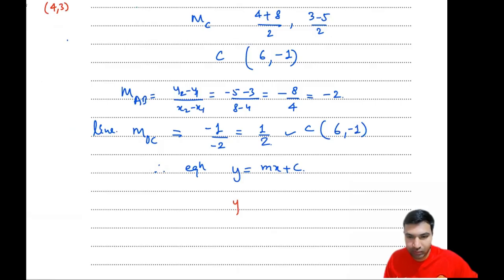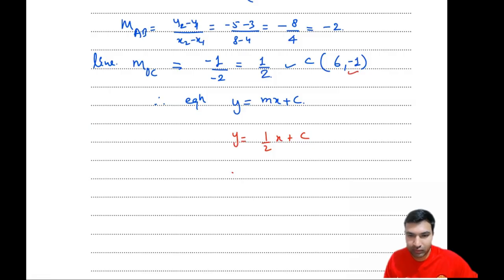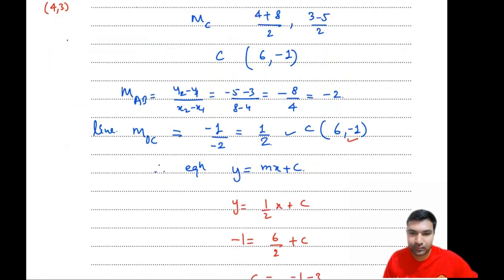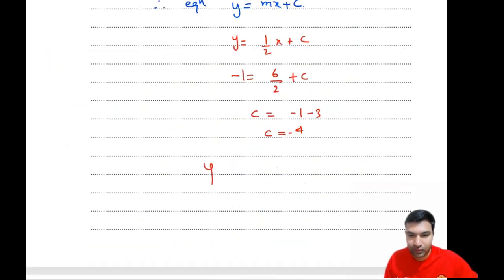So we get y equal to 1 over 2 x plus c, and just plug in this point, 6, -1, and therefore we get -1 equal to 6 over 2 plus c, so c is equal to -4. All right. So therefore our final answer is y equal to positive half x minus 4, and that is what is required over here.